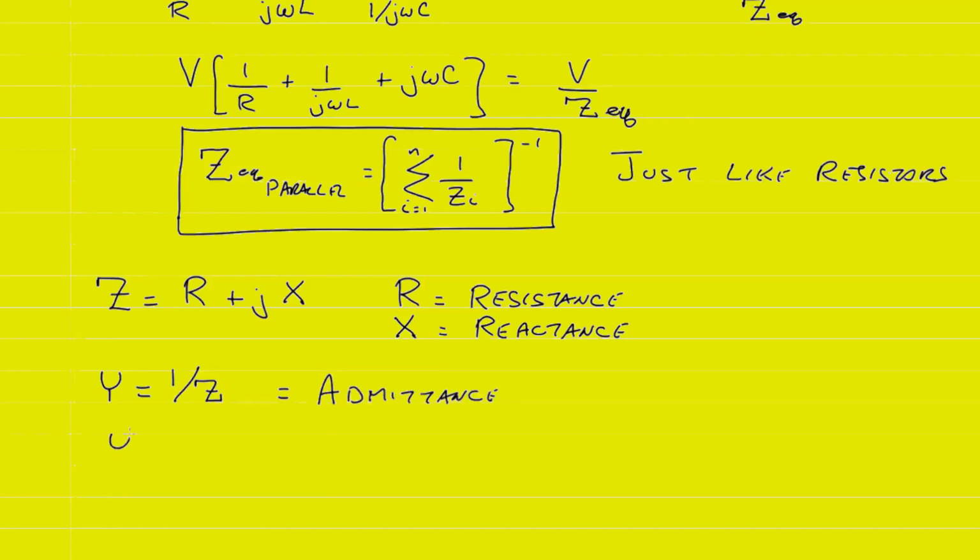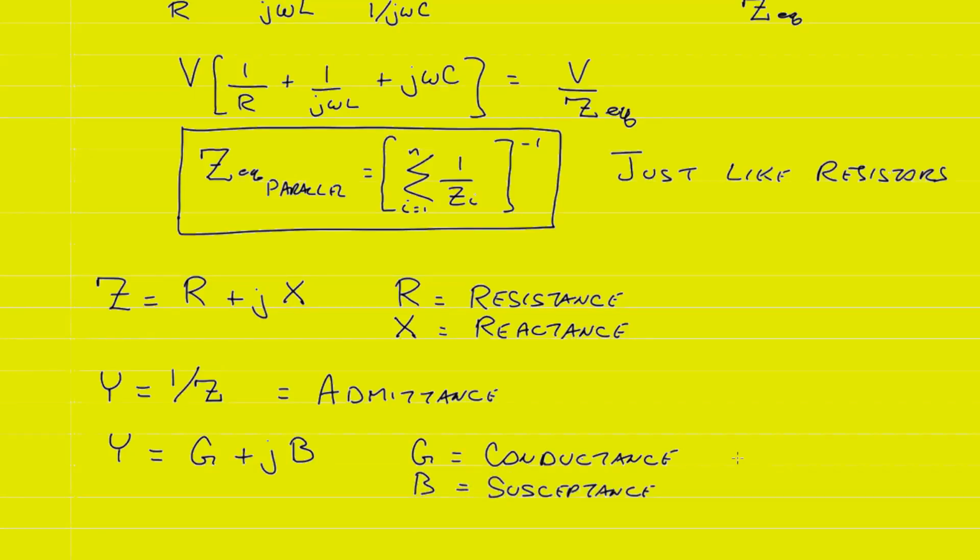admittance. The admittance Y has a real component, which we denote by the letter G, plus it'll have an imaginary component, which we denote by the letter B, where G, as you might suspect, is our conductance, and B is our susceptance.